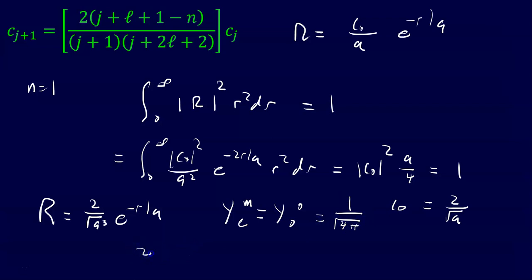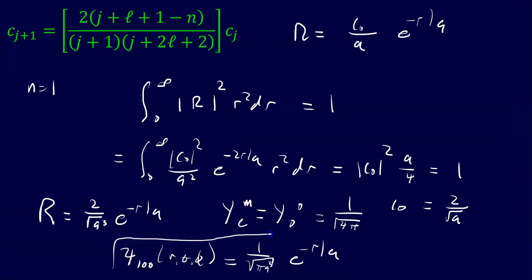So our total wave function, when we put everything together, would be 1 over square root pi. And typically what we do is write out the n, l, m values here. So this would be 1, 0, 0. So here it is, the ground state of hydrogen we got, building up from the radial function.